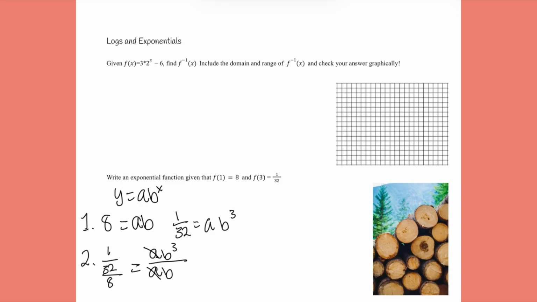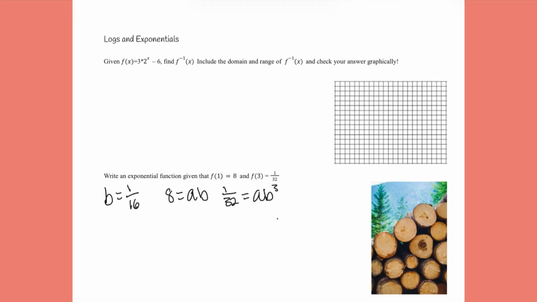The a's cancel out. 1/32 divided by 8 is 1/256, and that's equal to 1 over b squared. So b is equal to 1/16.